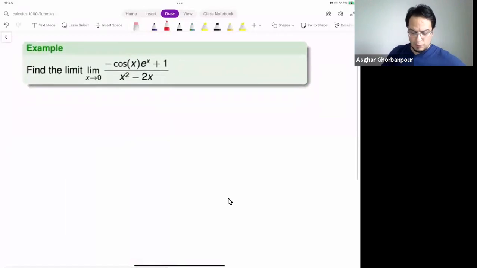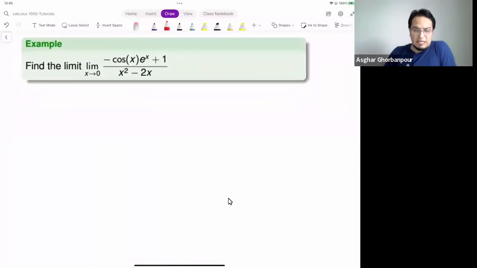The other topic that we discussed was that differentiation can be used to find some limits. How?